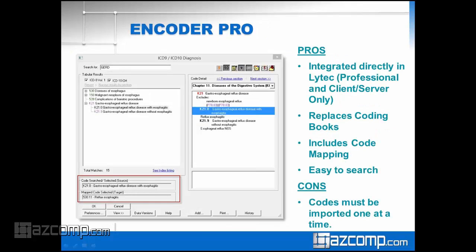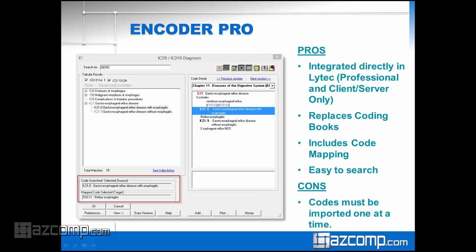All right. And then, sorry, not the last one, the other option that we have for you is Encoder Pro. I do need to mention, when you purchase that product, you get it in 2 different methods. One is the integrated method that I showed you right there, where you can launch it from within Lytec, and from inside the diagnosis list, once you search for it, you can map to it and pull it in, and it will add the code.